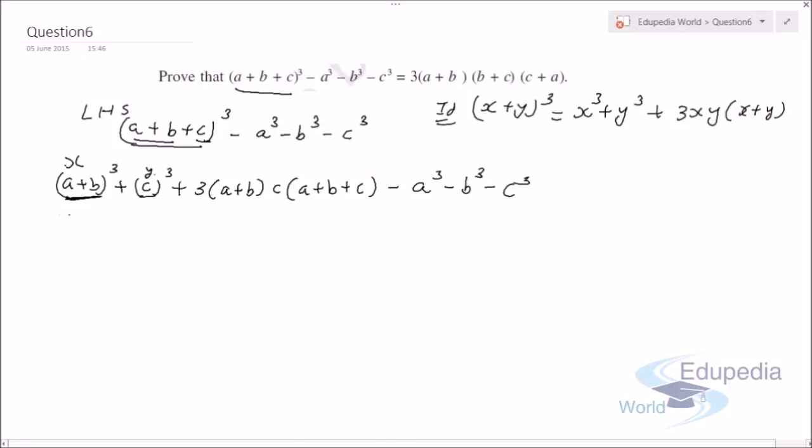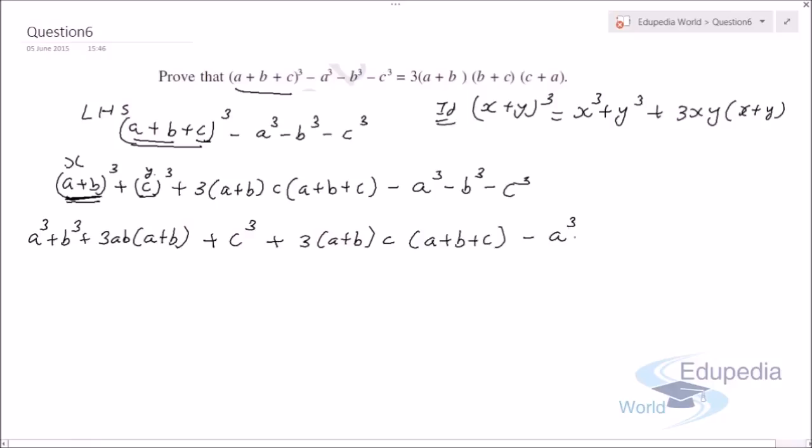Now we'll expand this (a plus b) whole cube using the identity again. So the answer will come out to be a cube plus b cube plus 3ab into (a plus b), plus c cube, plus 3 into (a plus b) into c into (a plus b plus c), minus a cube minus b cube minus c cube.